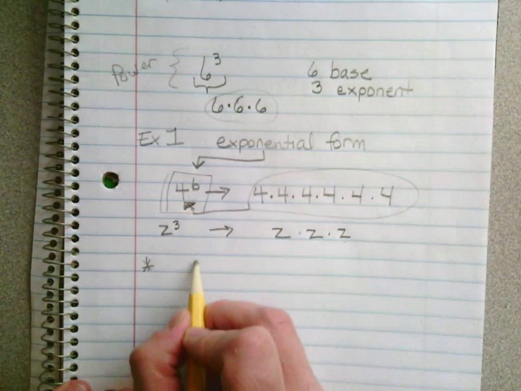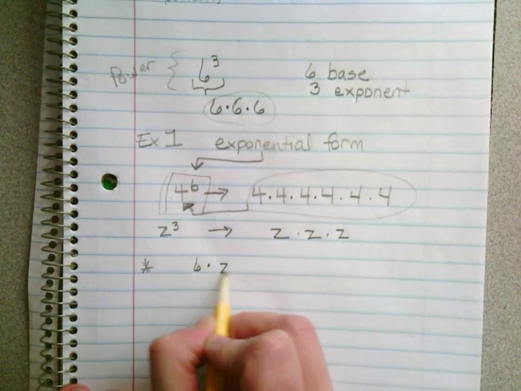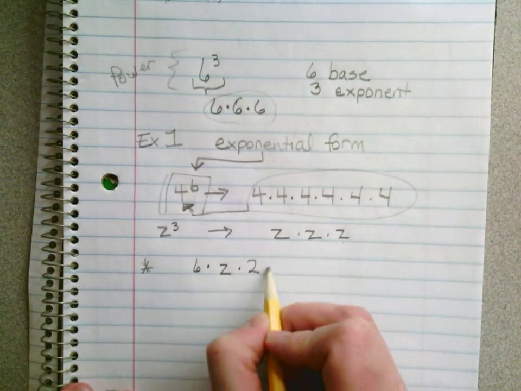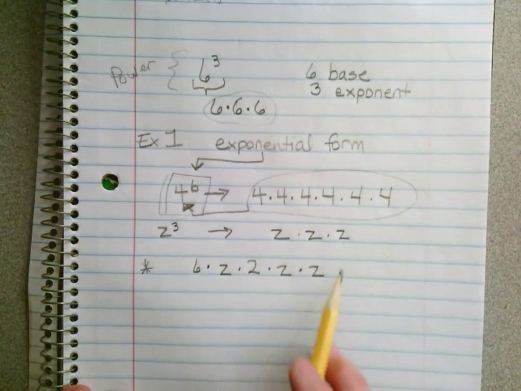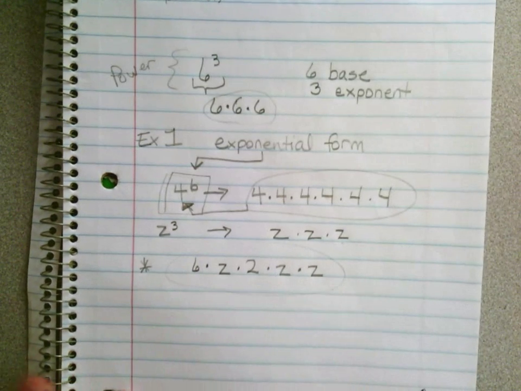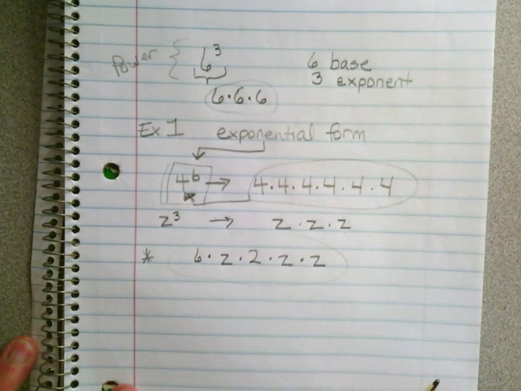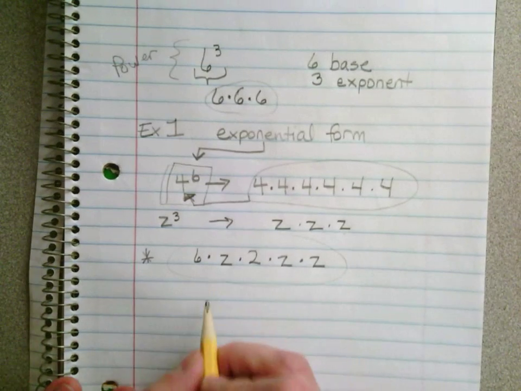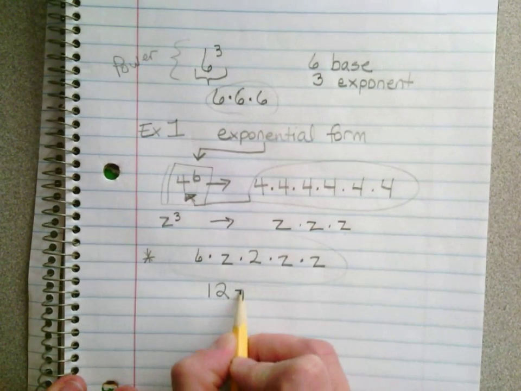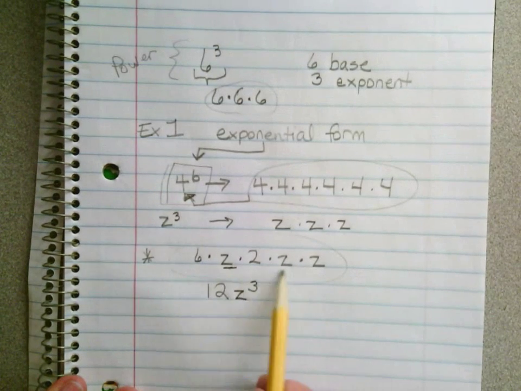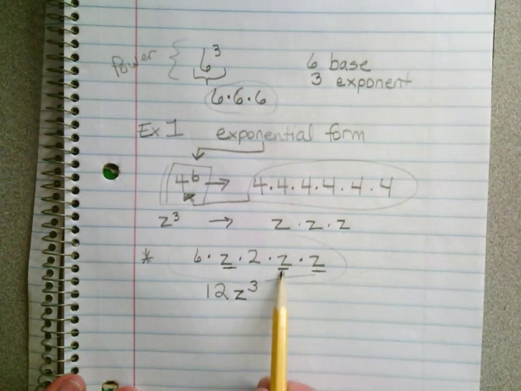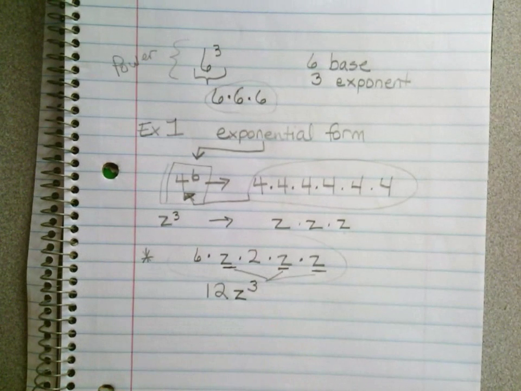You can even consider 6 times z times 2 times z times z, and take this and put it in exponential form. First multiplying the numbers, but then taking the z and powering it to the 3rd power for the 3 z's implied here, here, and here. That's basically what example 1 is showing us.